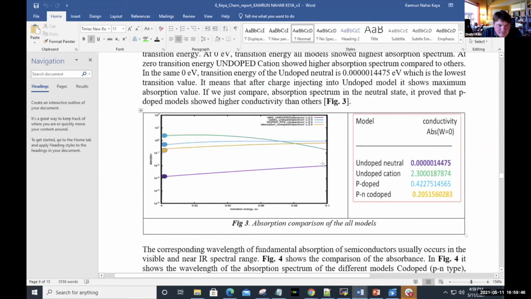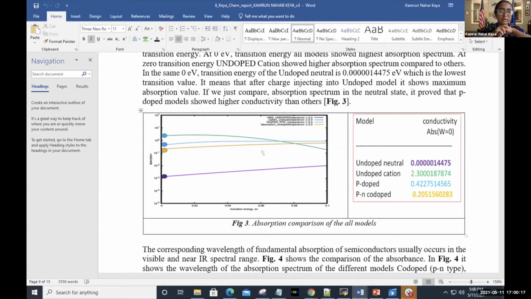After plotting the density of states and forming that figure, we are able to know the band gap, and after that we are plotting the absorption graph.